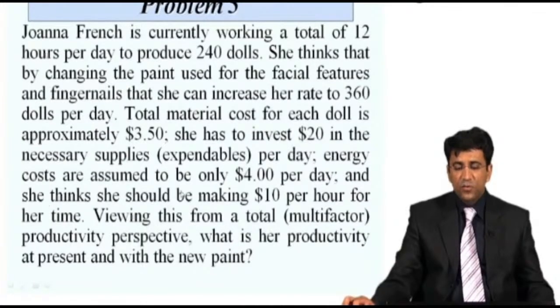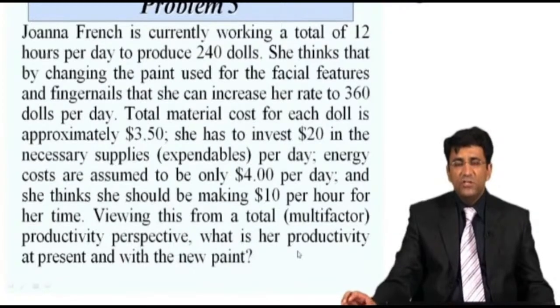Energy costs are assumed to be only $4 per day. So again, this is the per day cost, not the per unit cost. And she thinks she should be making $10 per hour for her time. Now this information will help us to calculate the labor hours, students. We can calculate the total labor hours by multiplying this value 10 with this 12 hours.